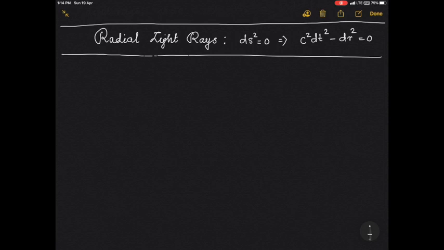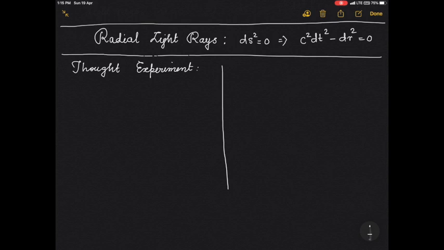Okay, so what we are doing now is a thought experiment. These are critical to all relativities. So let me tell you what the experiment is.